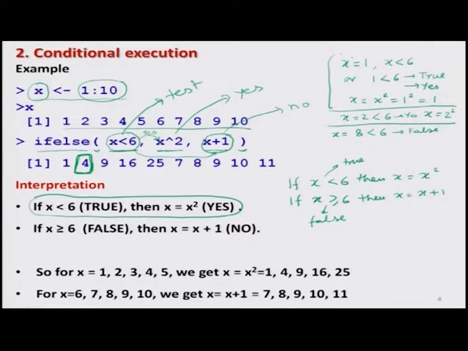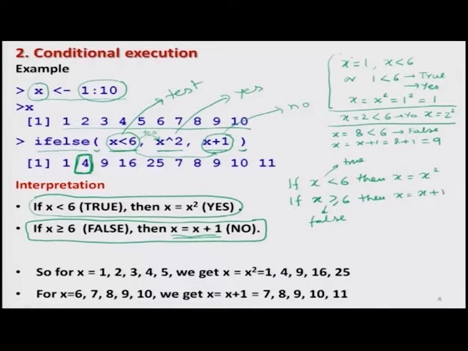And when this statement is false, then the second condition, under no, has to be executed. And in this case, x is going to be replaced by x plus 1, and this will become 8 plus 1, which is equal to 9.